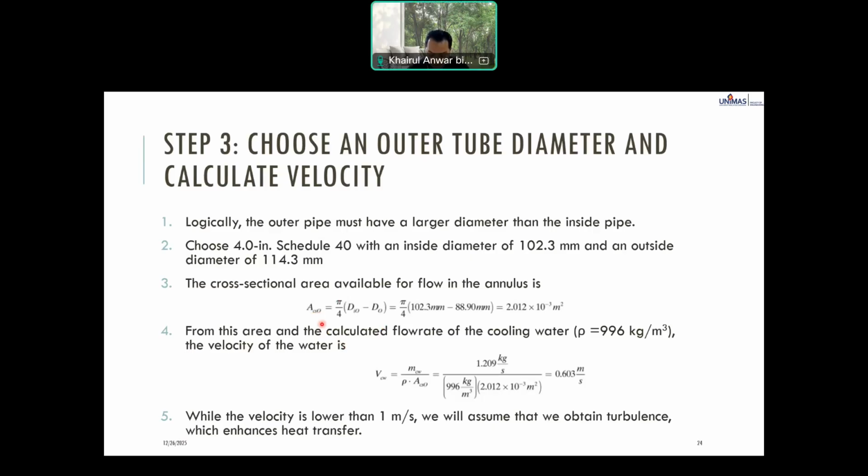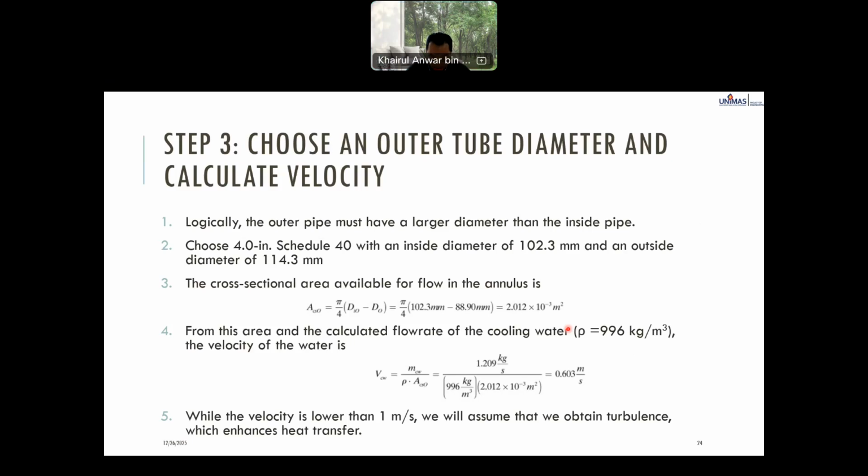We get 2.012 times 10 to the power negative 3 meter square. From this area, we calculate the flow rate of the cooling water. Rho equal to 996, referred to appendix A2. The velocity of water, this is talking about the outside pipe, is 0.603 meter per second.